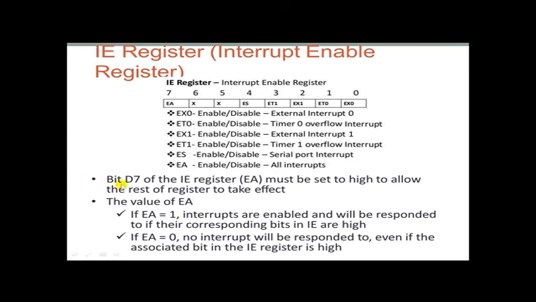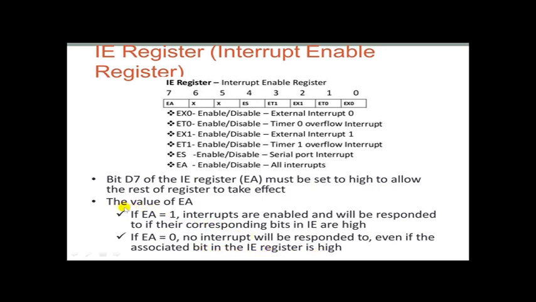Bit 7 of the IE register must be set high to allow the rest of the register to take effect. If EA is equal to 1, the interrupts are enabled and will be responded to if their corresponding bits in IE are high. If EA is equal to 0, no interrupt will be responded to, even if the associated bit in the IE register is high.